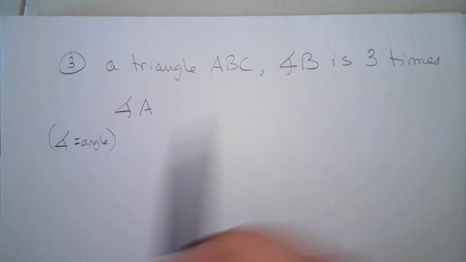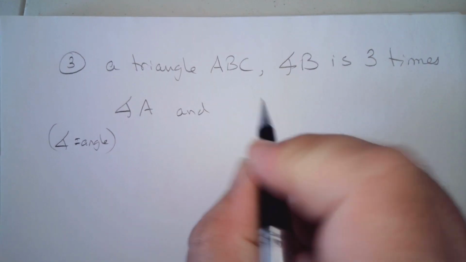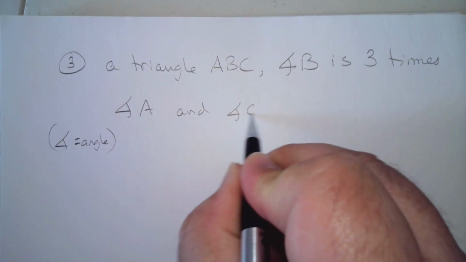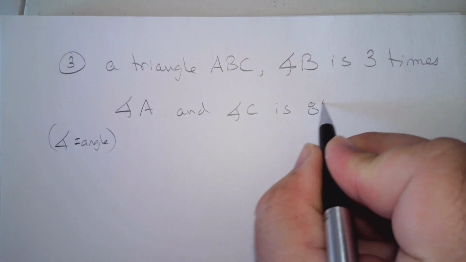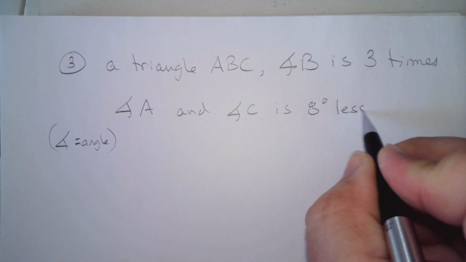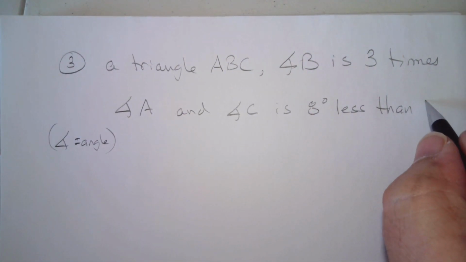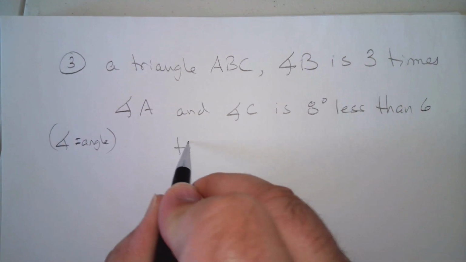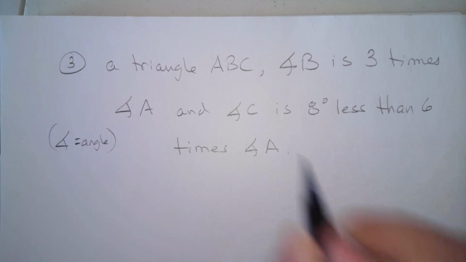So angle B is 3 times angle A, and angle C is 8 degrees less than 6 times angle A.